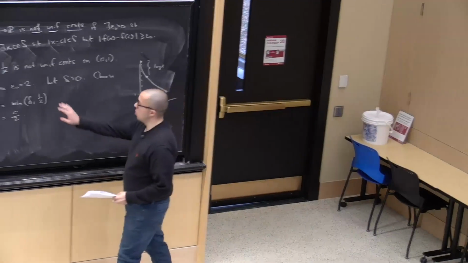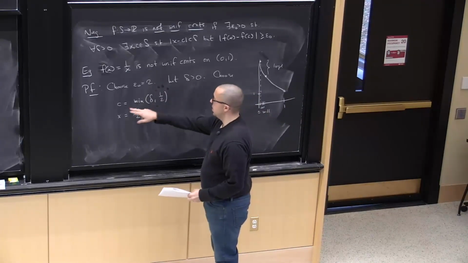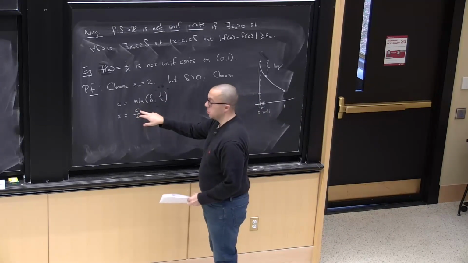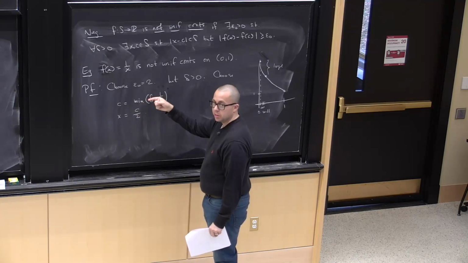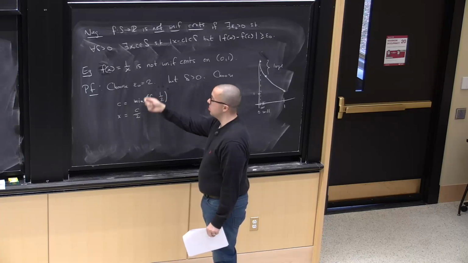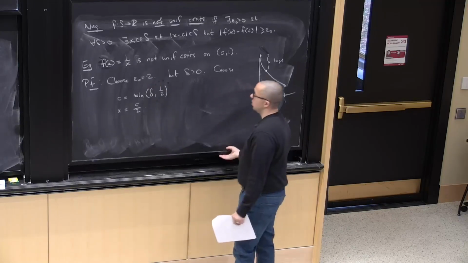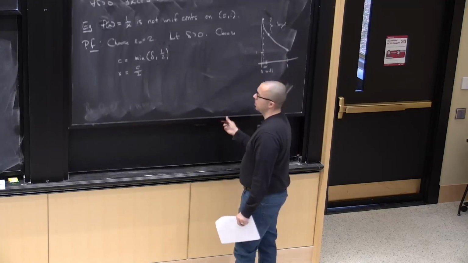So just ignoring this half for a minute, C is equal to delta, x is equal to delta over 2, and then 1 over C minus 1 over x is going to be 2 over delta, and if delta is very small, that's certainly bigger than or equal to 2. But I had to throw in this 1/2 here because I chose epsilon naught to be 2. All right, and delta is arbitrary.